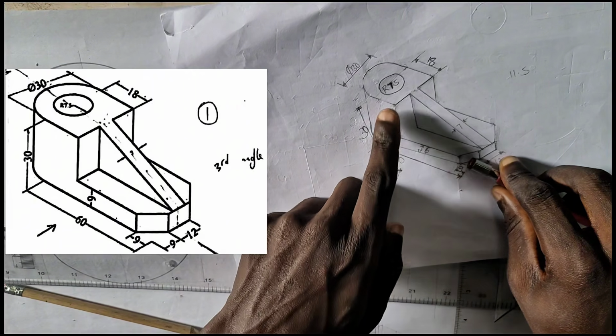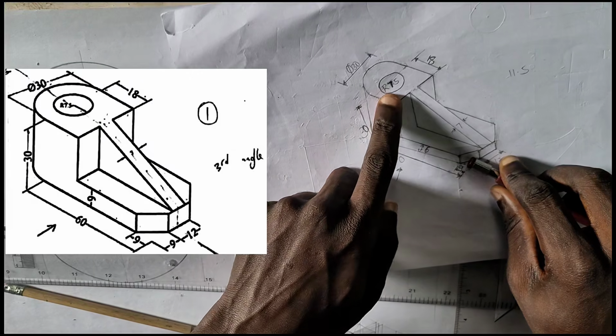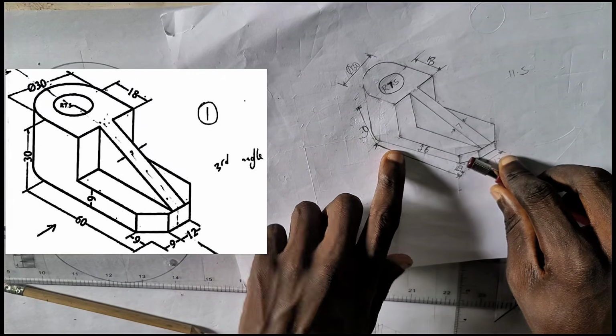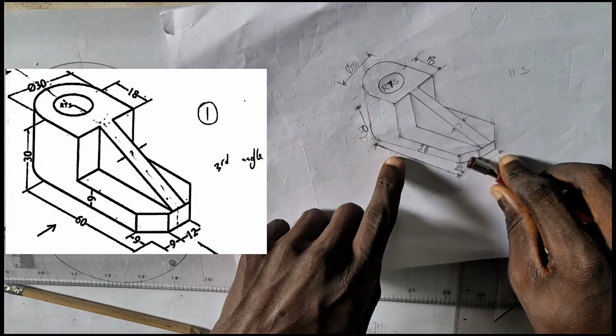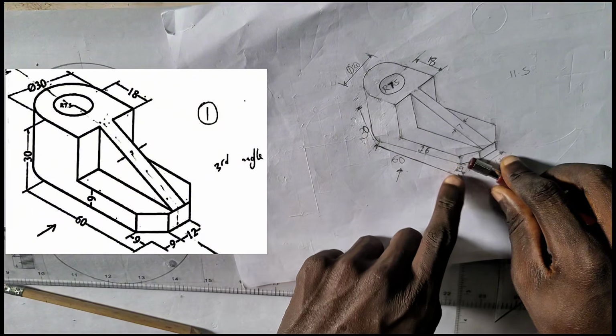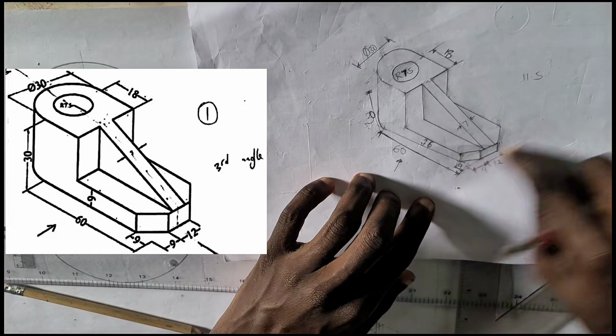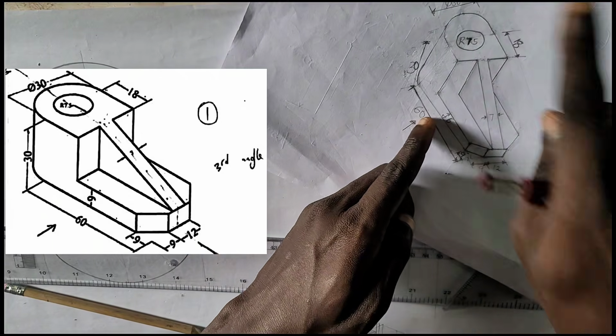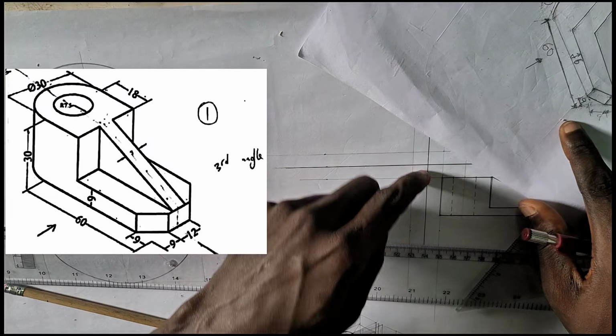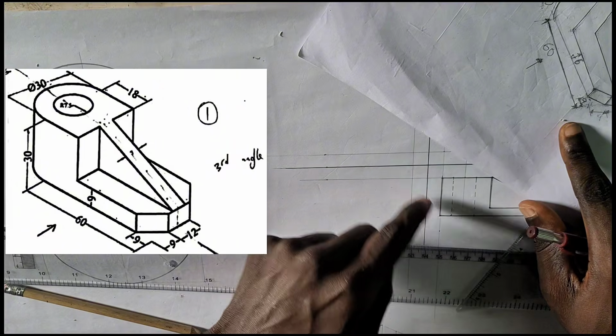I explained earlier the reason why from here to here is 24, because from here to the end is 30. So from here to here is 24, from here to here is 6, which means from here to here plus from here to here is 30. So 30 like this, and then the height is also 30, which means that I will come here by 30, come here by 30.